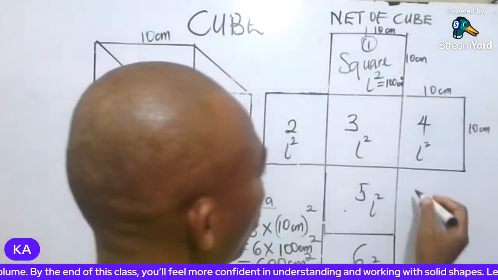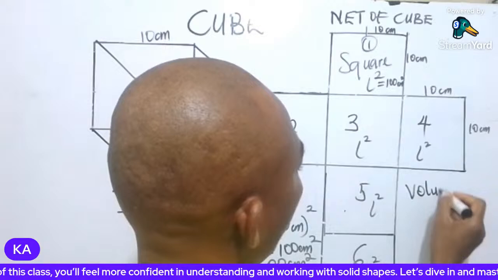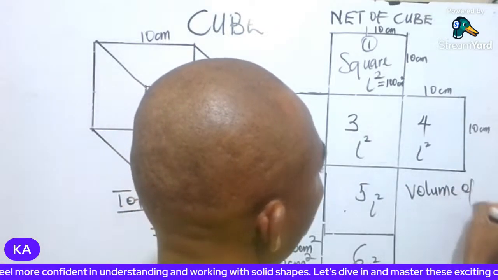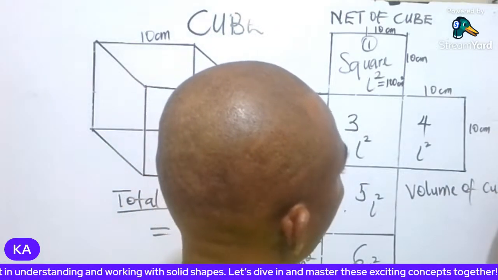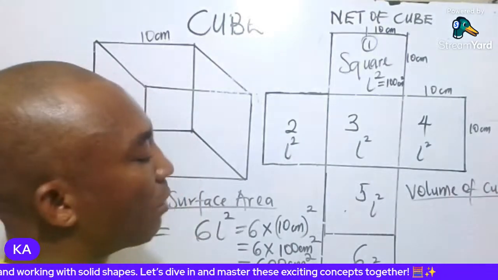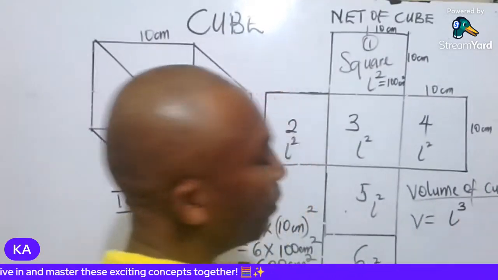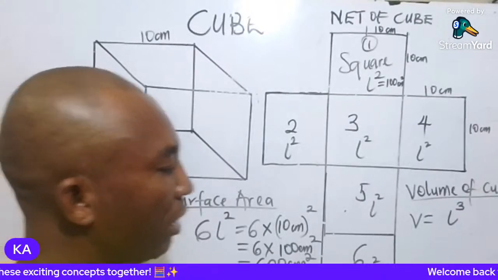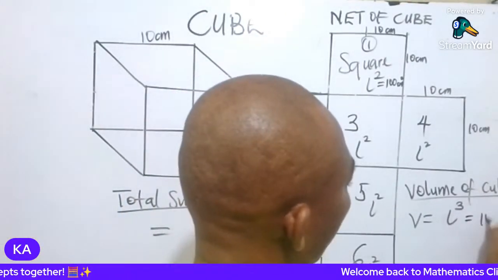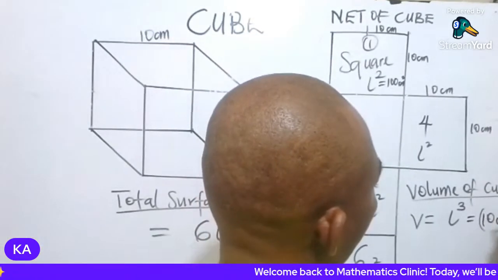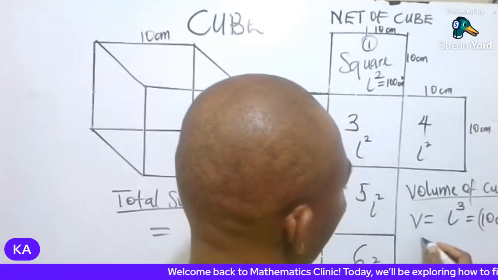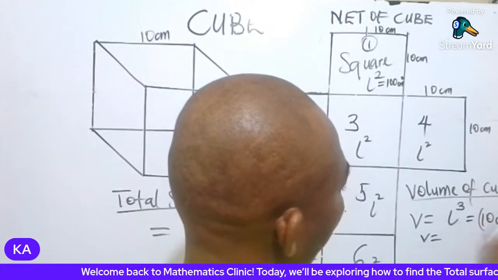Now, the second thing we want to do here is look for the volume of this cube. What is the volume of a cube? The formula for calculating the volume of a cube is equal to L cubed. So this will become 10 centimeter to the power of 3.